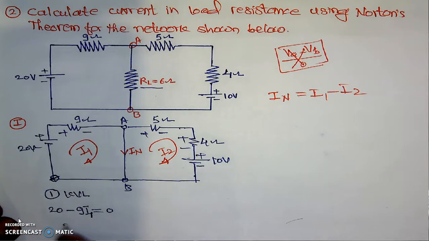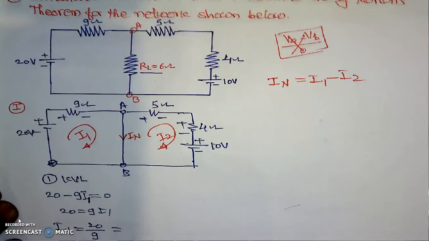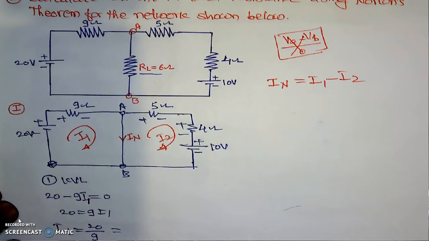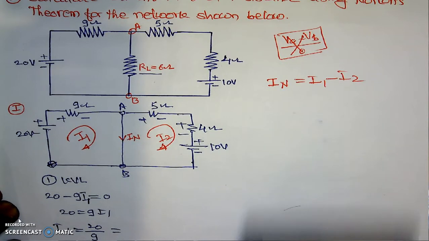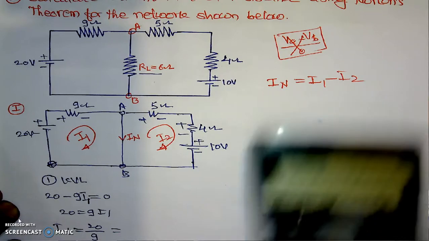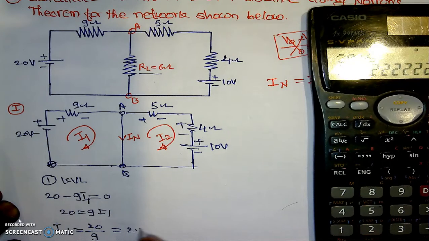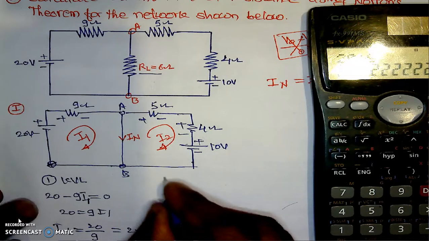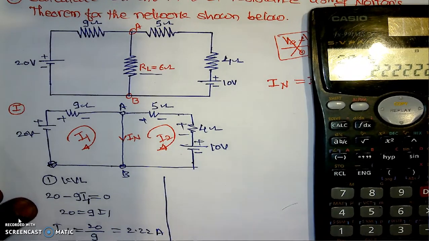That's why 20 is equal to 9 into I1, and the current I1 is equal to 20 divided by 9, which is 2.22. This 2.22 amperes is the current in the first loop.